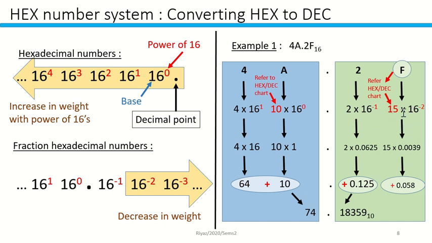Then 15 times 16 to the power of -2 is 15 times 0.0039, and for this side, 2 times 16 to the power of -1 is 2 times 0.0625. We add up both of the values and we get the answer. So 4A.2F in base 16 is equal to 74.18359 in decimal.